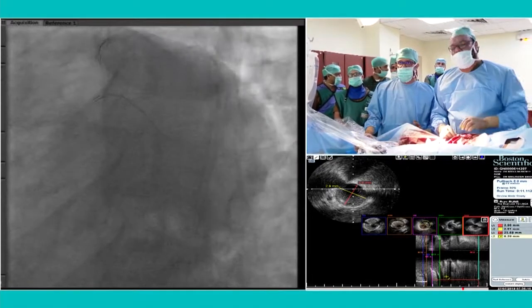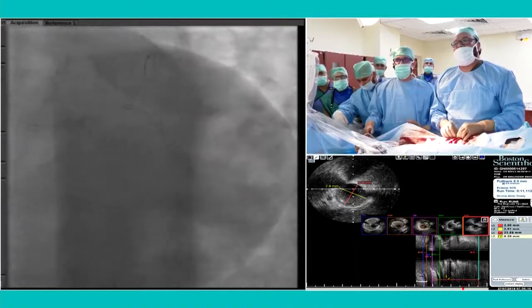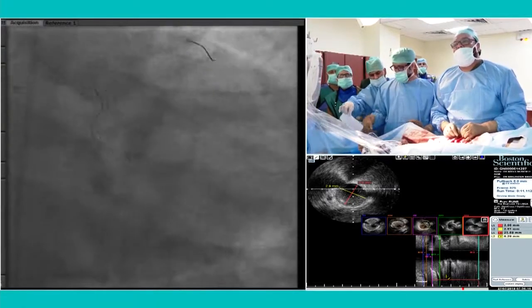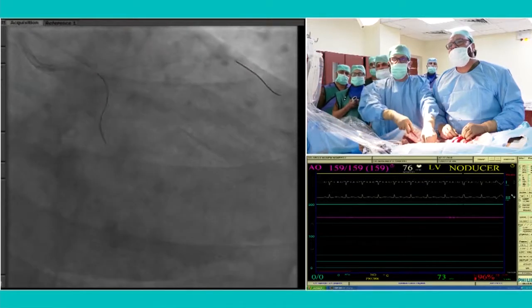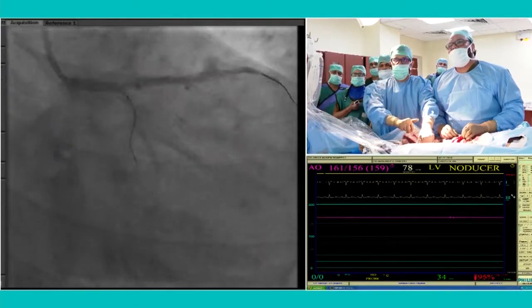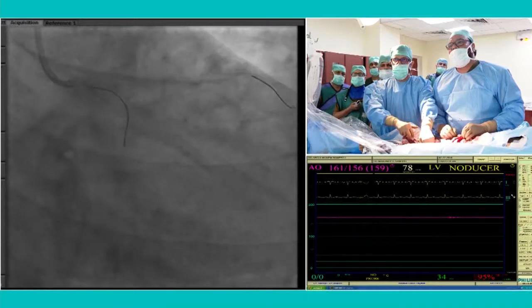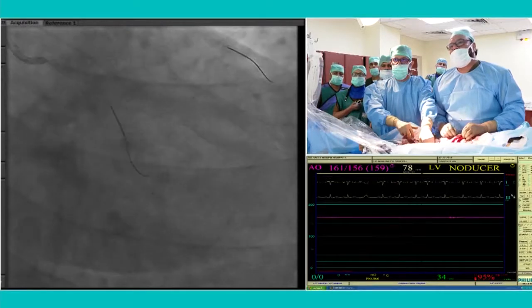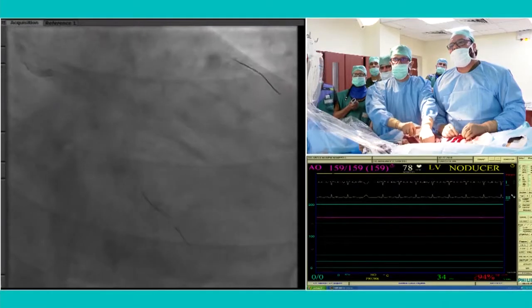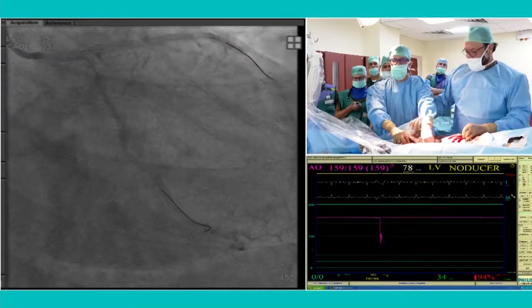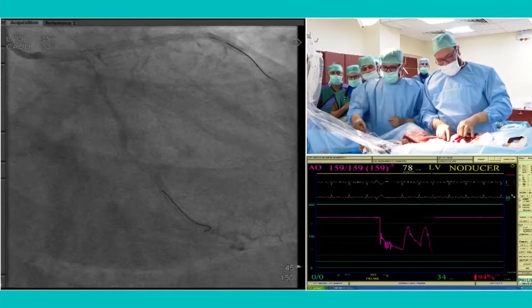So now we are in the circumflex. Just show me, a wire passing through this strut, a good operator can do all the time, but actually I'm telling you, by principle, it is better to have a pre-dilatation of the circumflex ostium. Number one, you should have a wire before you put a stent into the LMCA.